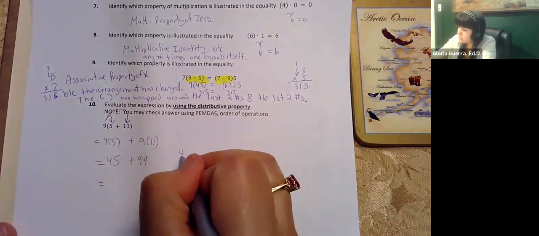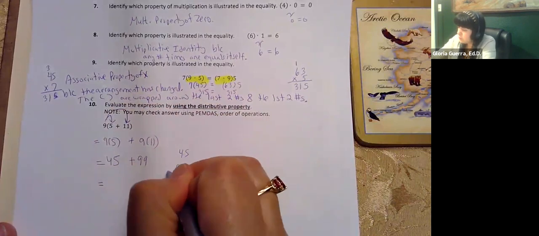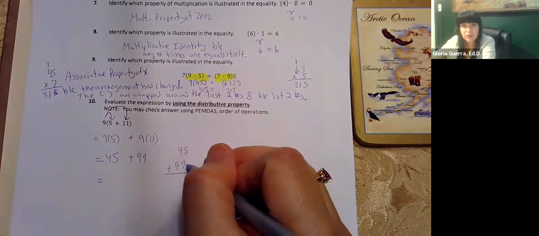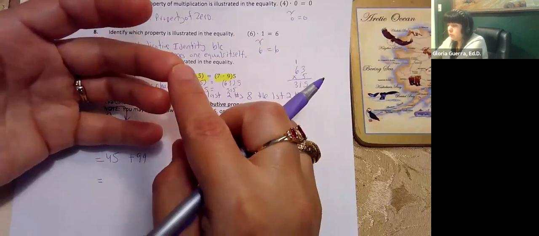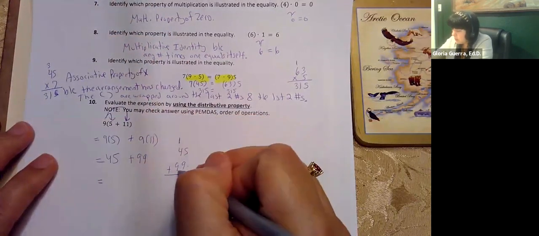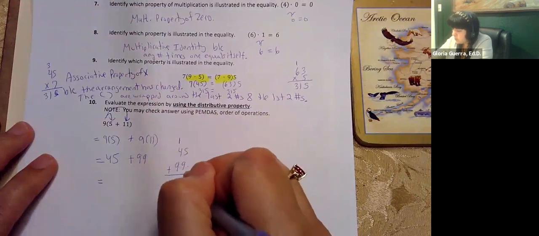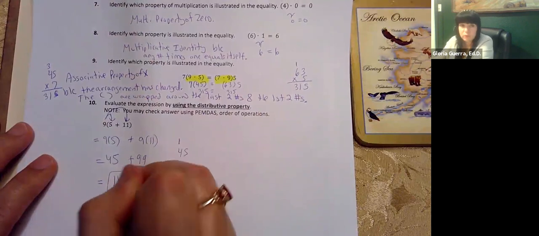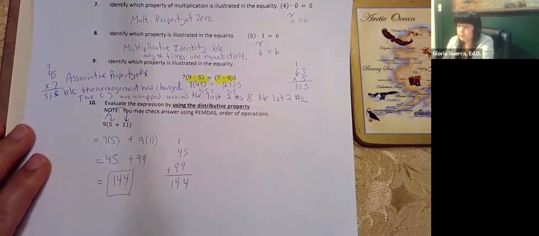And then I'm going to show some computation and add those both up. I'm going to use my fingers: 9, 10, 11, 12, 13, 14, carry the 1, 9 and 1 is 10, plus 4 is 14. So this ends up being 144.